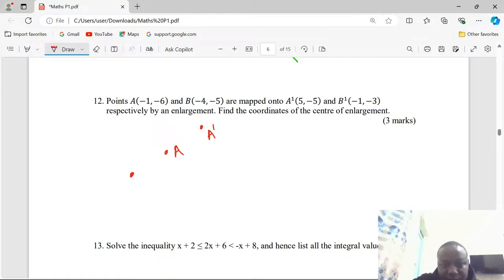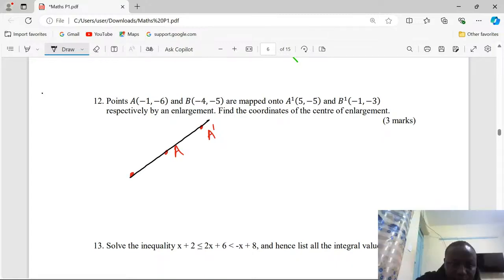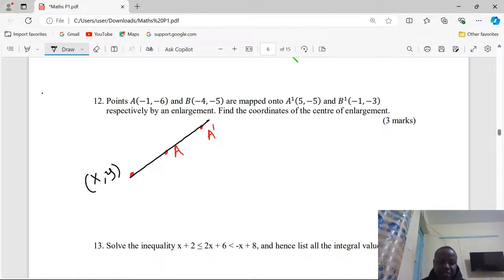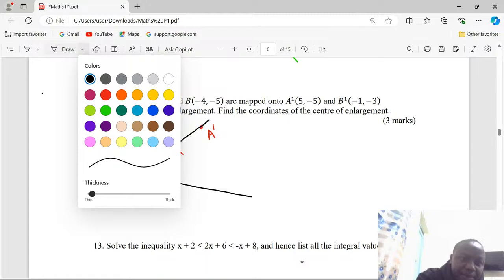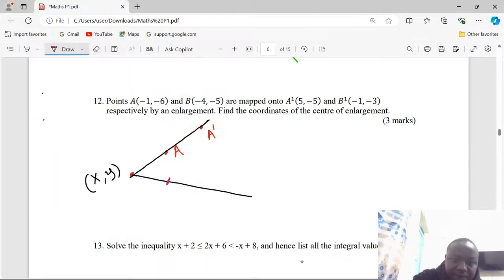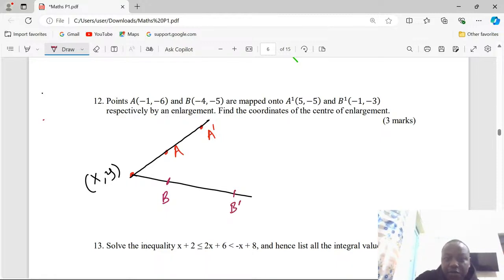A straight line must connect the unknown center, which can be (x, y), to A and A prime, and the same should happen for B and B prime: they should be connected using a straight line to the same center of enlargement.